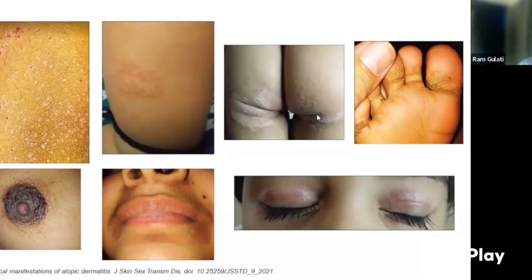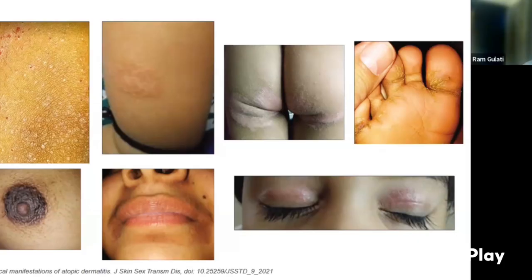On the buttocks, we are seeing the psoriasiform atopic dermatitis, as you can see. So these are very typical sites. The scalp and the buttocks can be the sites where you can see psoriasiform atopic dermatitis. And as Dr. Ramamurthy said, there is a TH17, TH22 pathway, and in the Asian population, you probably see more of psoriasiform atopic dermatitis than the rest of the world.